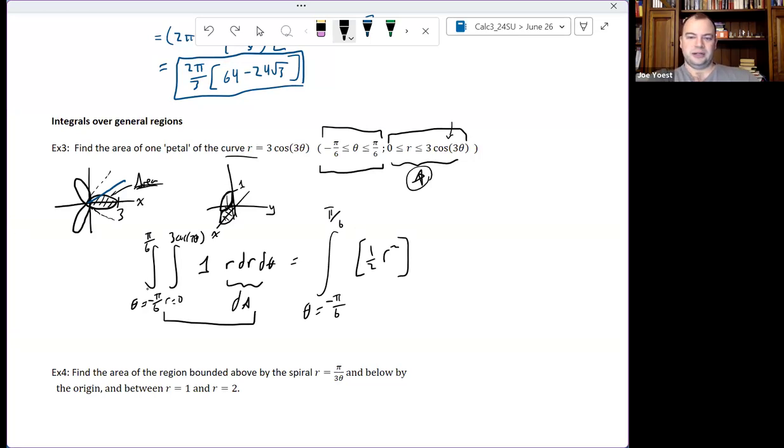So when we integrate the r integral, that goes from r equals 0 to 3 cos of 3 theta, and then we have a d theta over here.